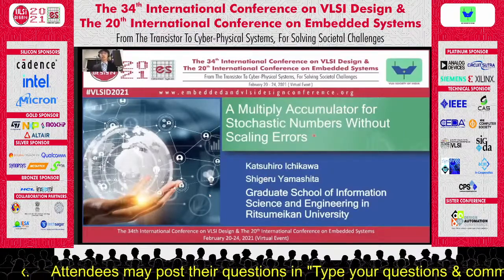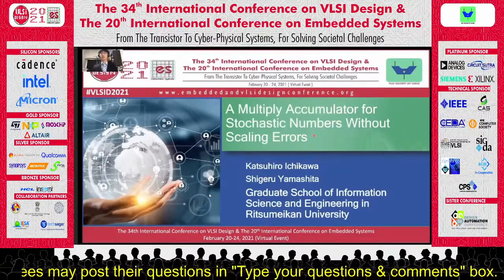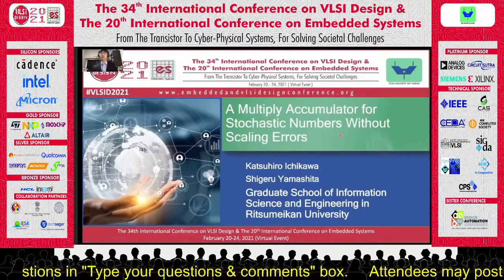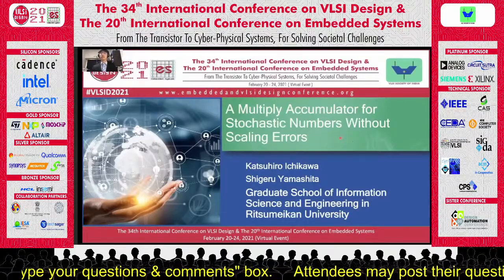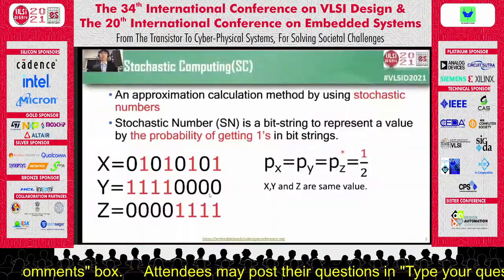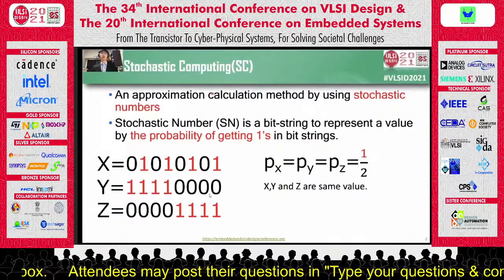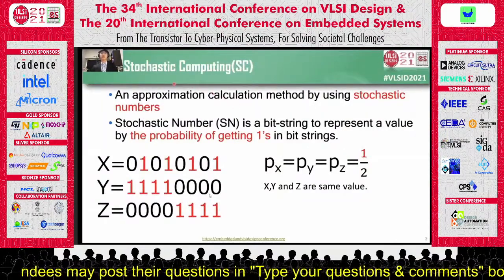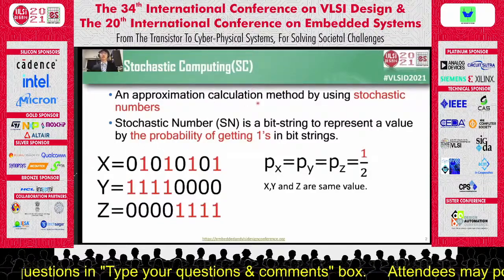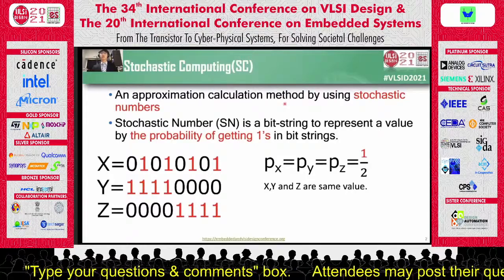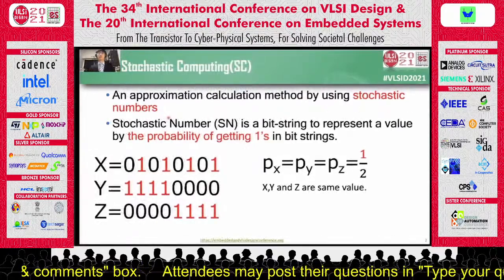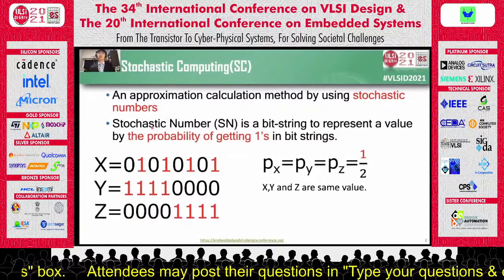Thank you for the great opportunity to present our recent work in this conference. In this presentation, I would like to convince you that our proposed method is useful in stochastic computing. First, let me explain the necessary basics of stochastic computing. Stochastic computing is an approximate calculation method using stochastic numbers, which represent values by the rate of ones in bit strings.